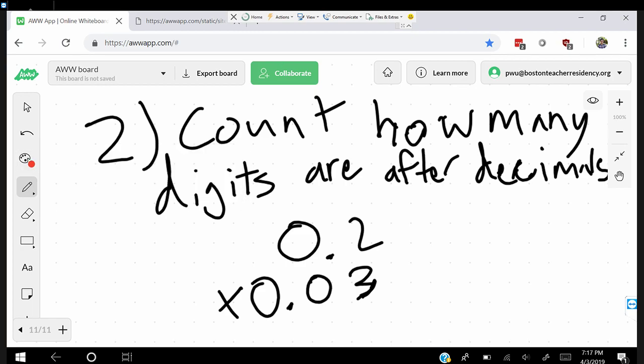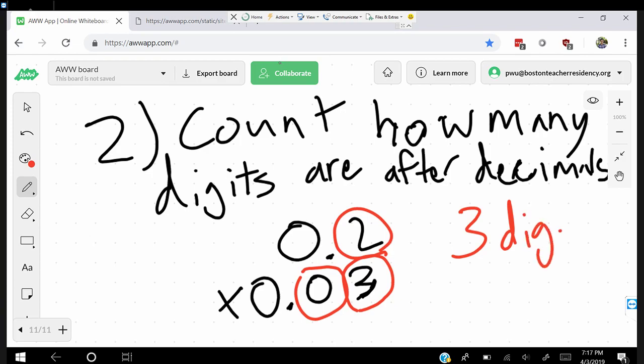In this case, you'd have one digit after the decimal on your top number, and 2 digits on your bottom number. So this is a total of 3 digits after the decimal, or after decimals.